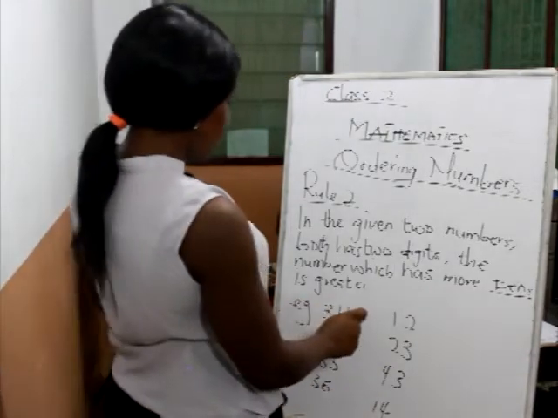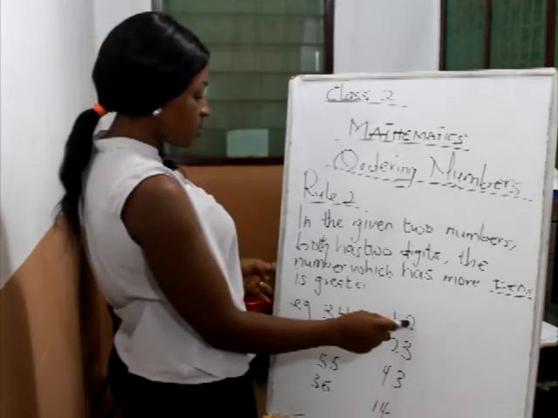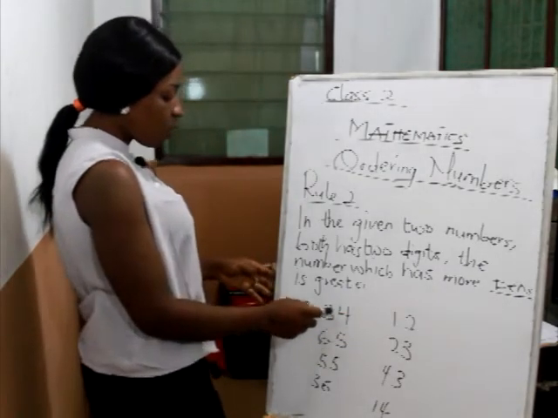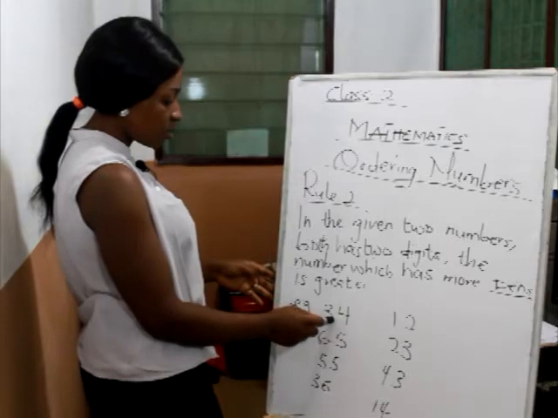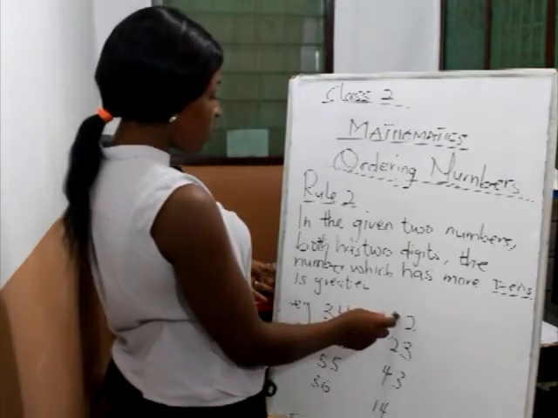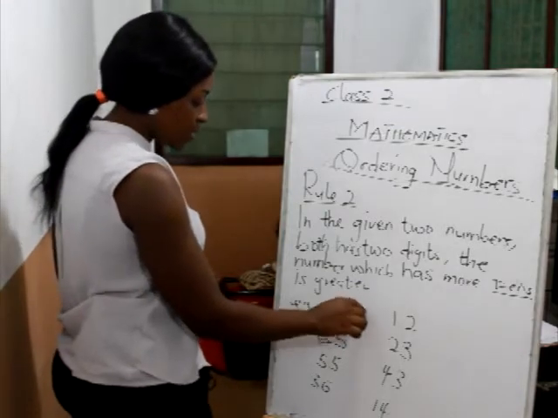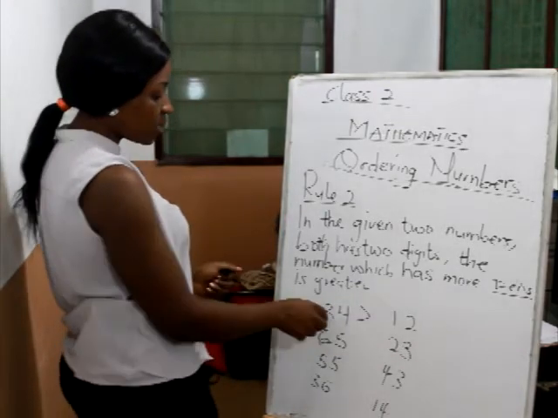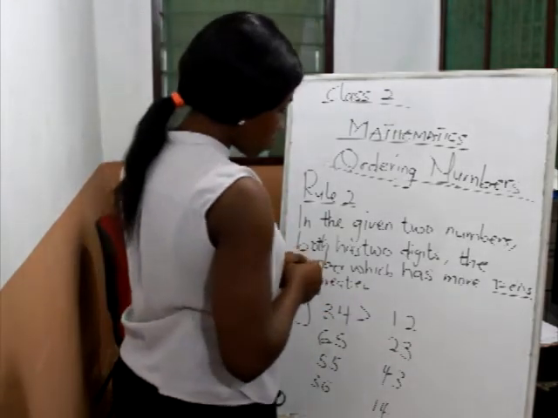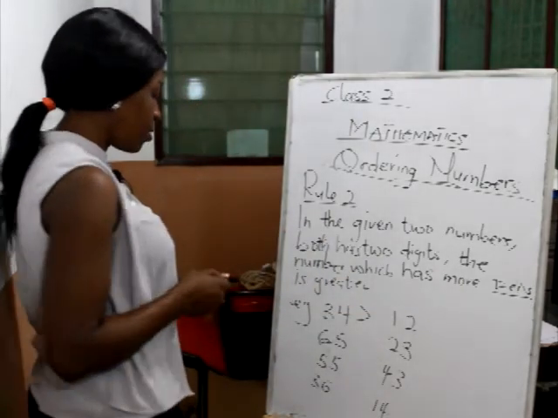So let's look at 34 and 12. 34 has 3 tens, whilst 12 has 1 ten. So it means 34 is greater than 12 because it has 3 tens, whilst 12 has only 1 ten.